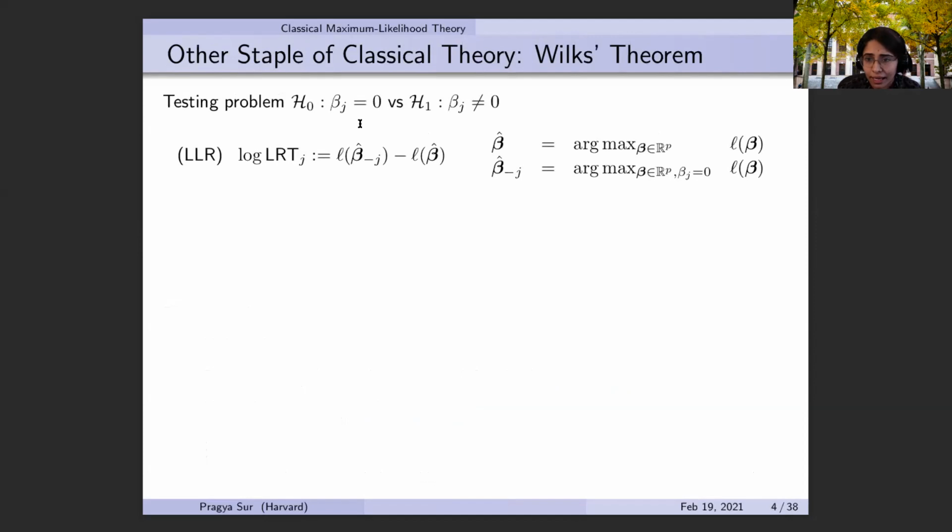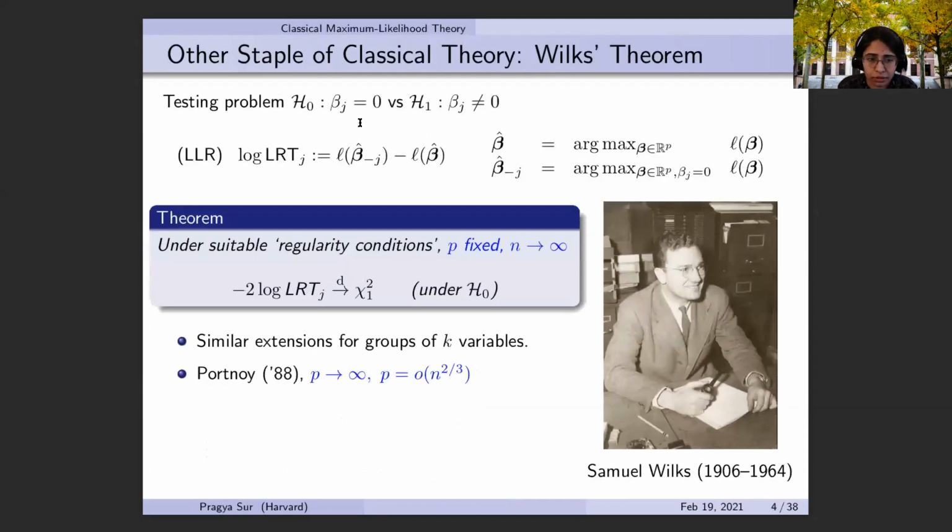Classical results due to Samuel Wilks tell us that this converges to a chi-square distribution if the dimension remains fixed under large sample sizes. Subsequent work due to Portnoy has also extended this to situations where p is negligible compared to n to the 2/3, saying that the same result continues to hold even if the number of features is diverging.